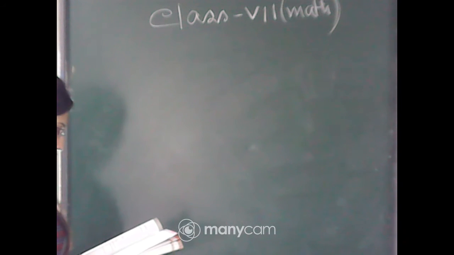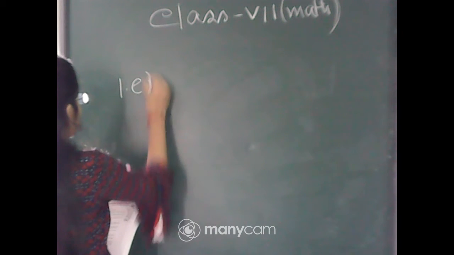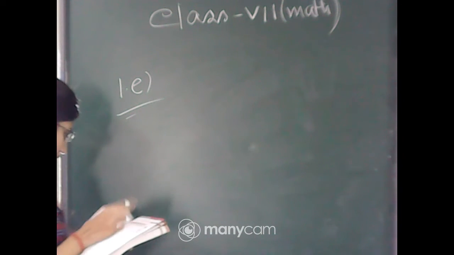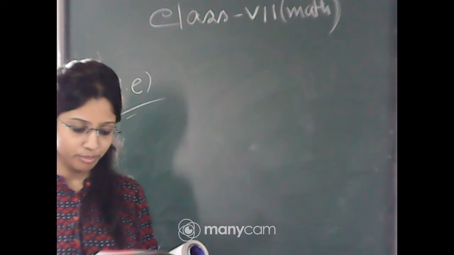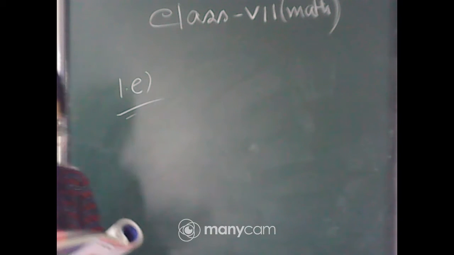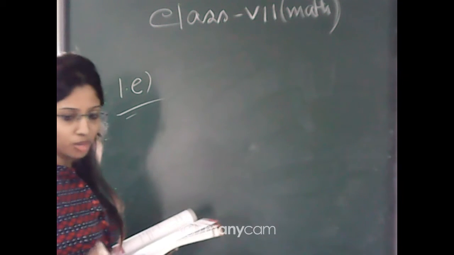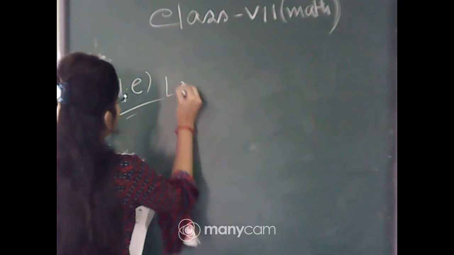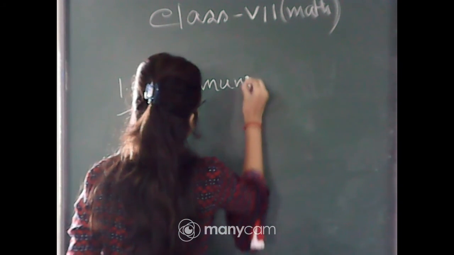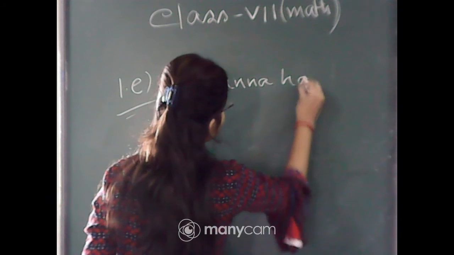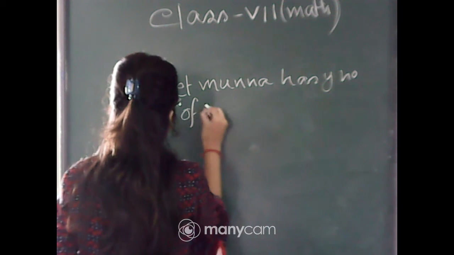Question is 1E. Munna subtracts thrice the number of notebooks he has from 50. He finds the result to be 8. Let Munna has y number of notebooks.